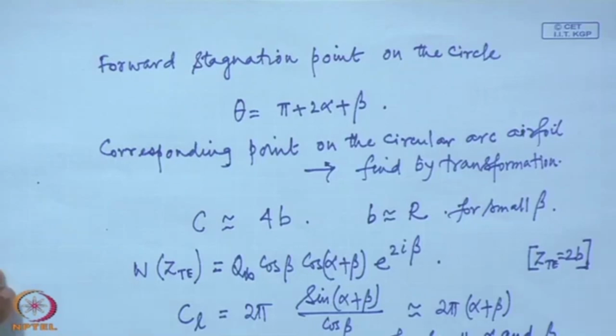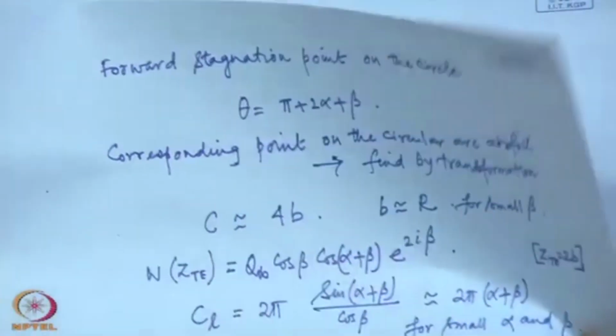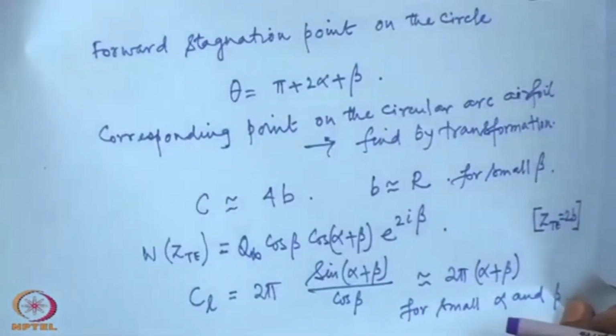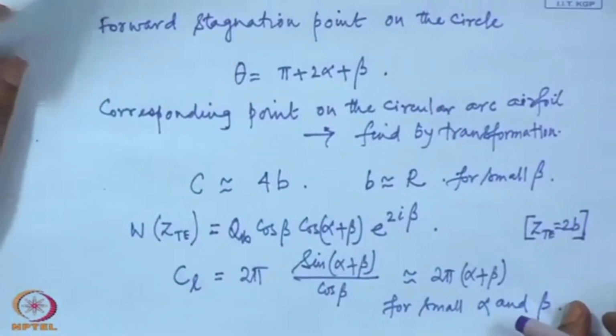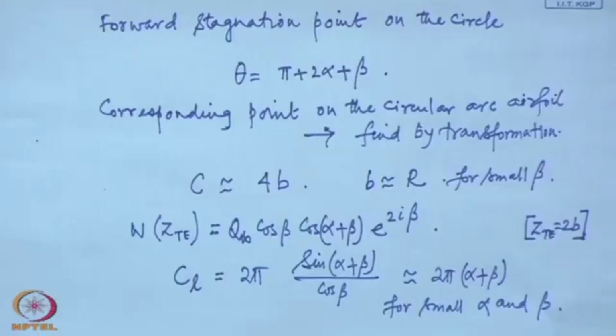If alpha and beta are very small, this can be approximated to 2 pi alpha plus beta. If you compare it with the flat plate case, for the flat plate it was 2 pi alpha. So, we see that alpha has been modified to alpha plus beta.